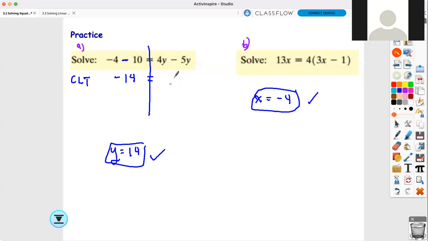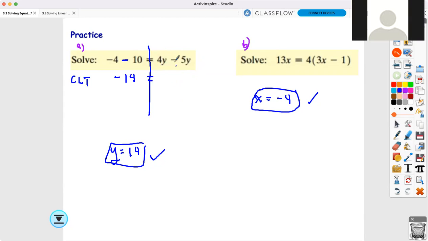4y and 5y. And there you would subtract. Good, so make it into a story. Do we have 4 or owe 4? You have 4. Do we spend 5 or add 5?